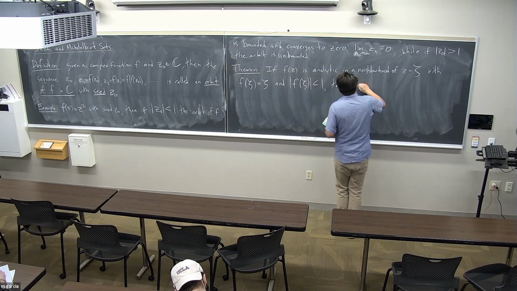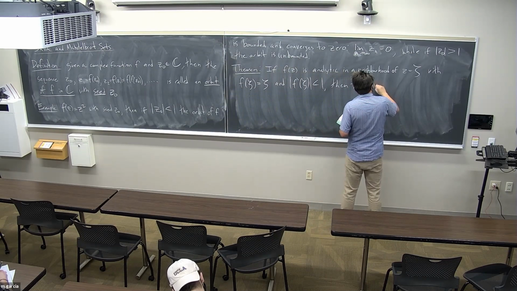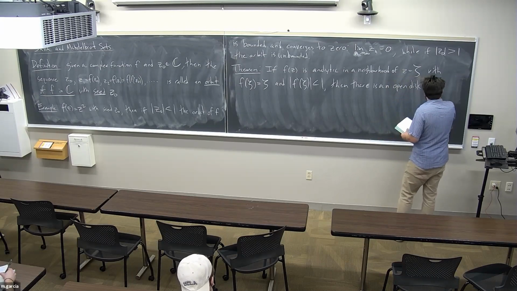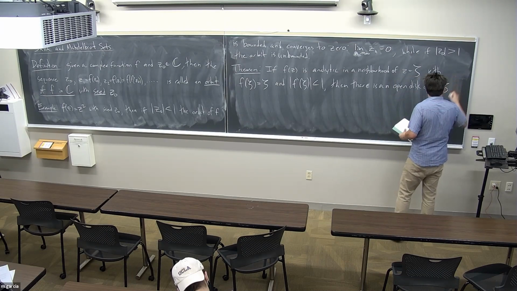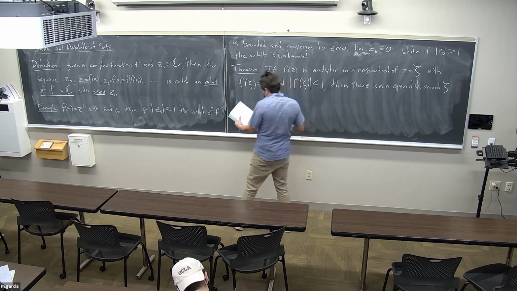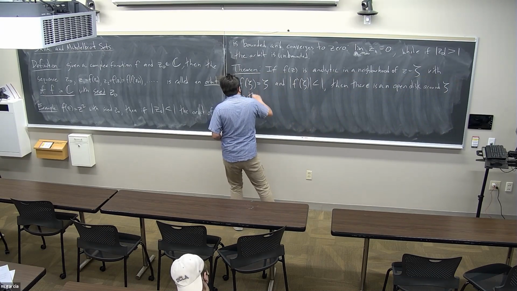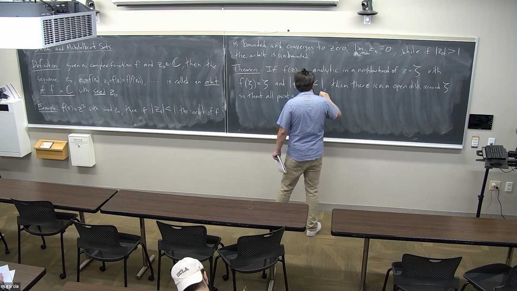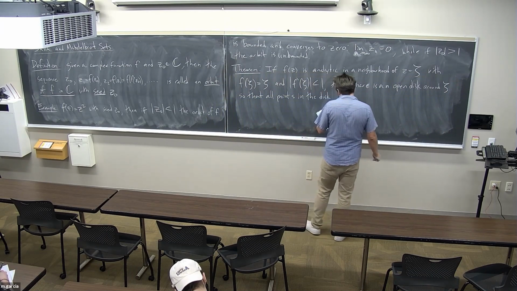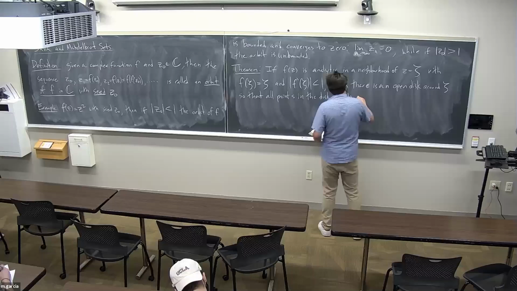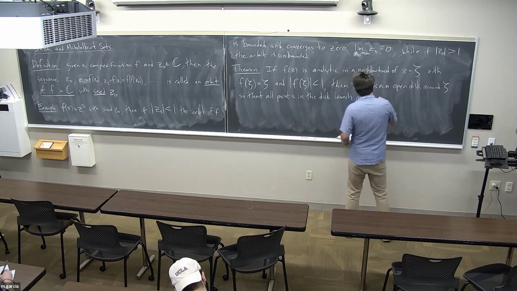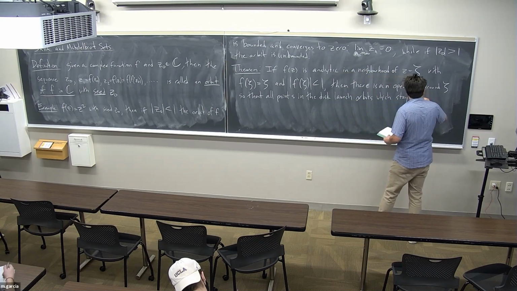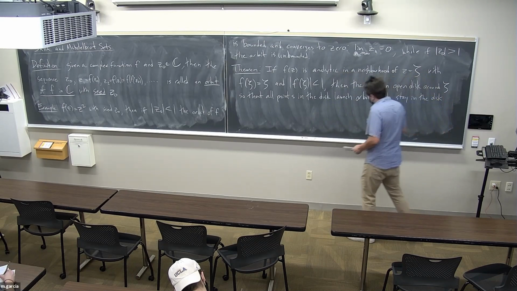then there's an open disk around zeta so that all points in the disk launch orbits which stay in the disk and converge to zeta.